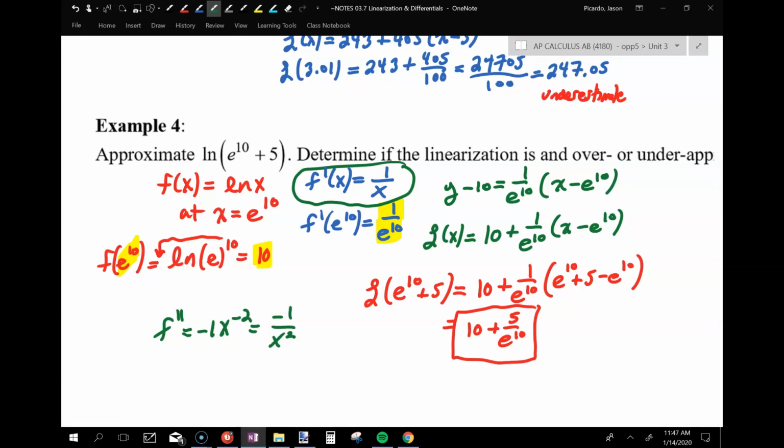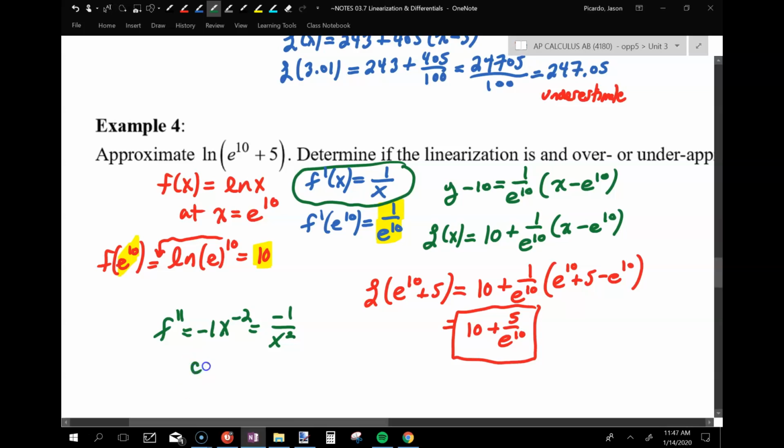What's this guaranteed to be, positive or negative? Definitely negative, right? So this is going to be concave down. If it's concave down, that means my tangent is an overestimate. So this is going to be an overestimate.